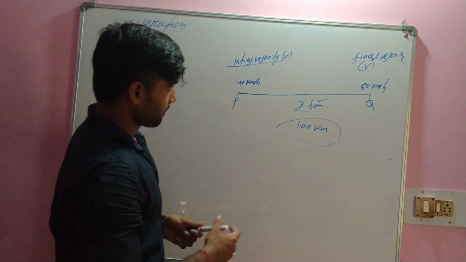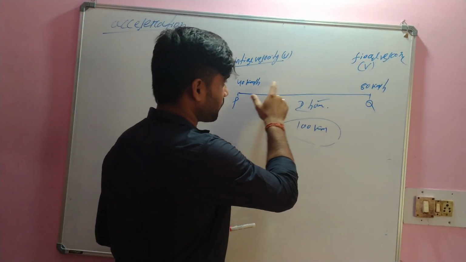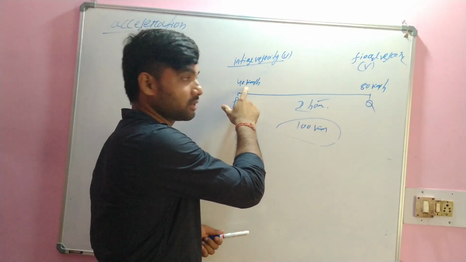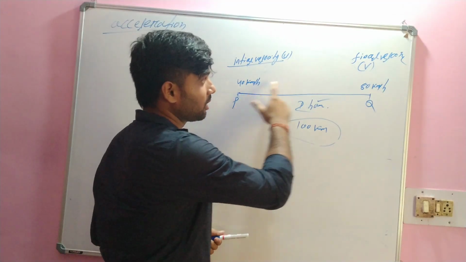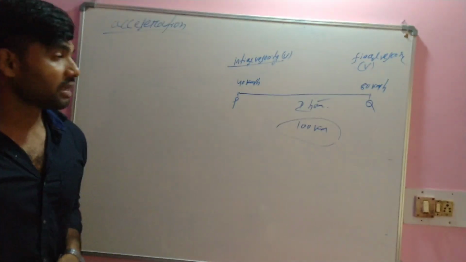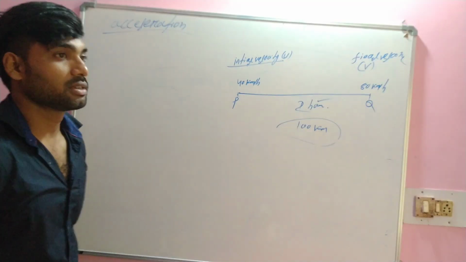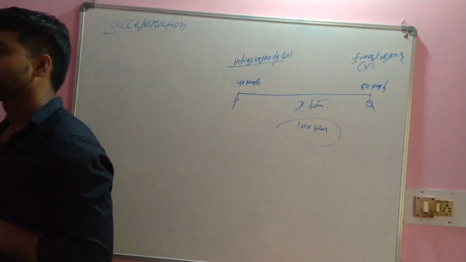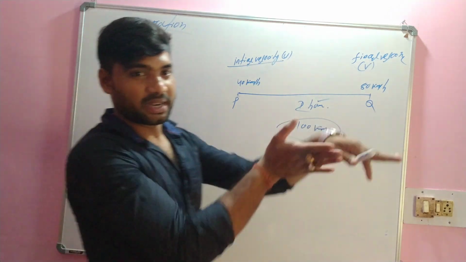Tell me, when the speed is 40 km per hour and the final velocity is 80 km per hour, that is acceleration. Have you seen the accelerator in vehicles?